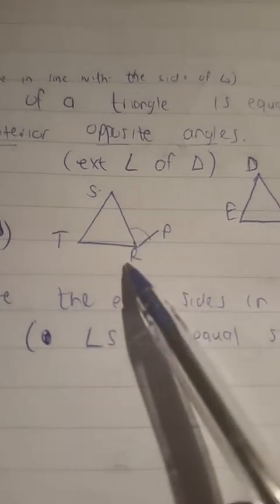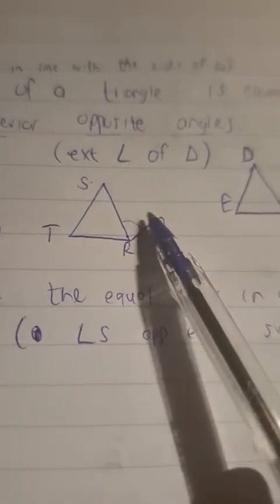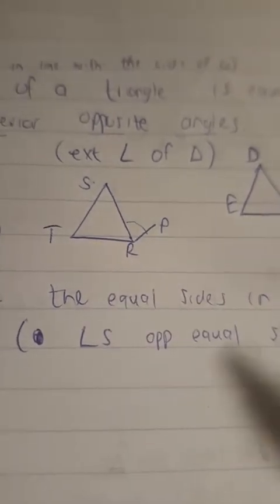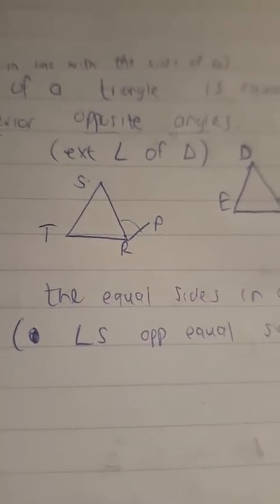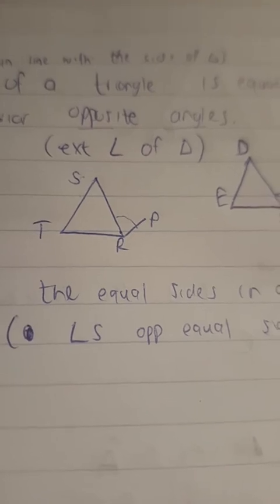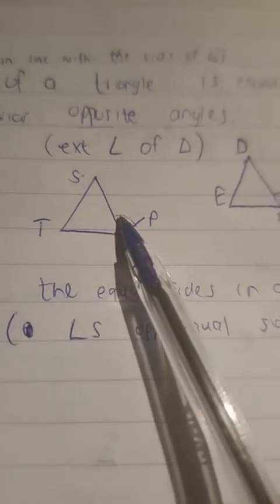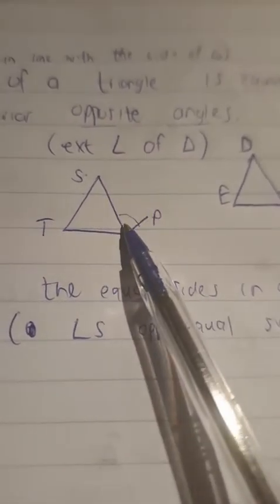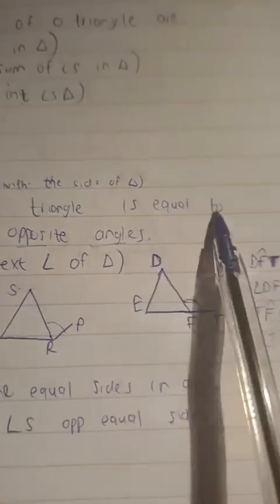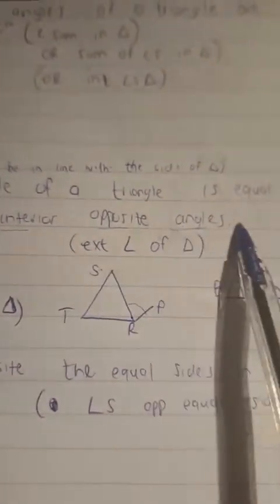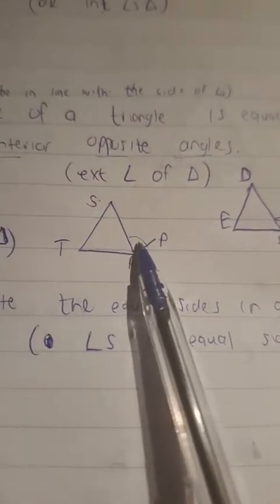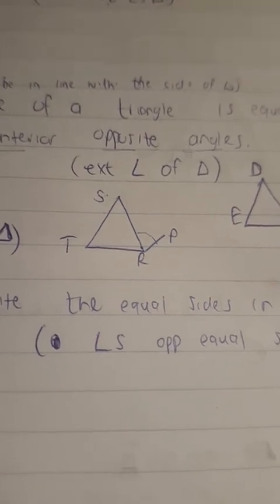So we've established one, that this is an exterior angle because it's an angle that is outside of a triangle. That we cannot deny. But what I'm asking now is, is this exterior angle the same exterior angle of a triangle, which is equal to the sum of the interior opposite angles? Is this the angle that we are talking about?